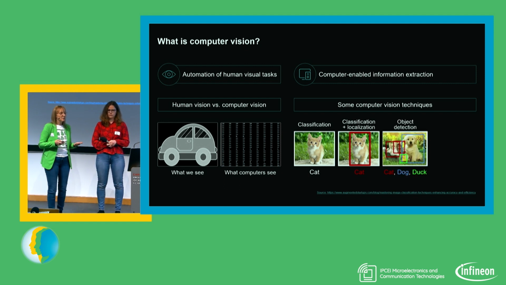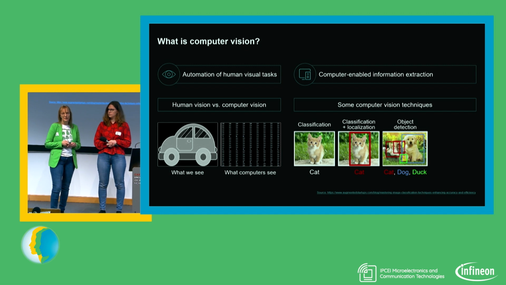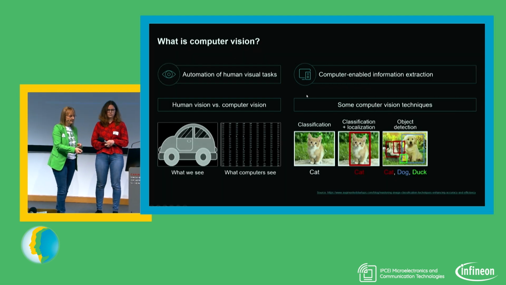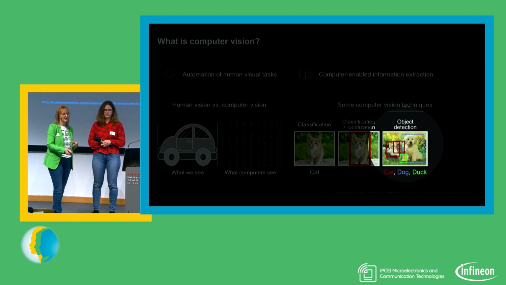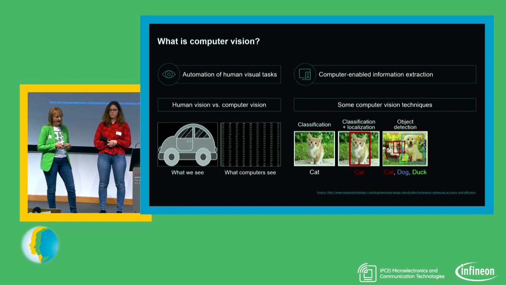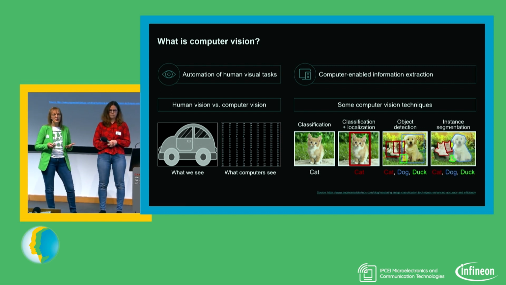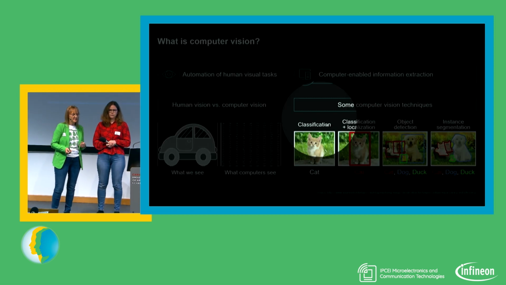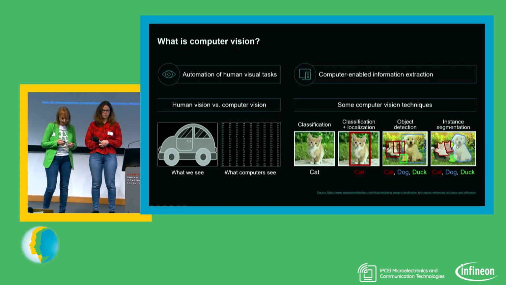We could also teach computers to detect multiple different objects in the images, as in this example here, cats, dogs, and ducks. This is called object detection. And finally, we could even teach them to know which pixels belong to different objects in the image. This is called instance segmentation.